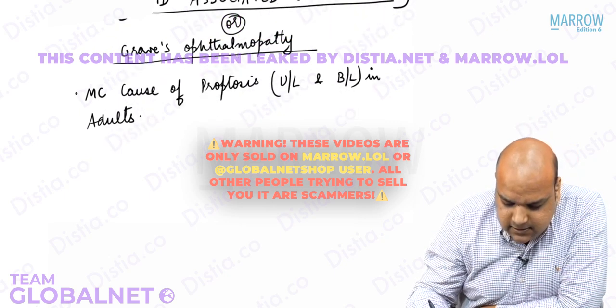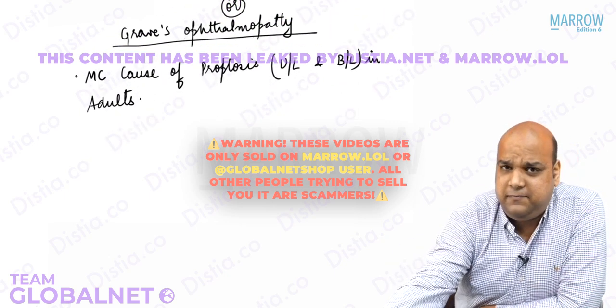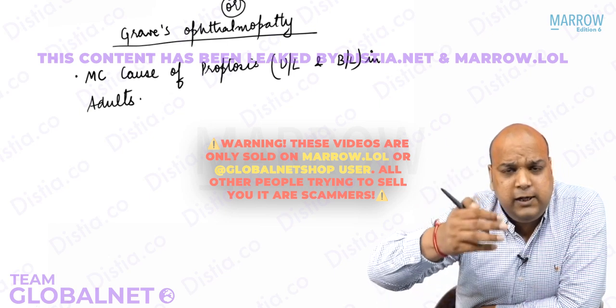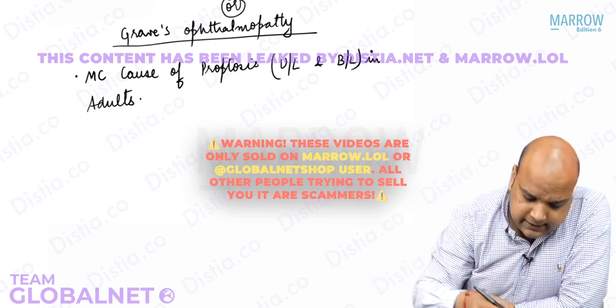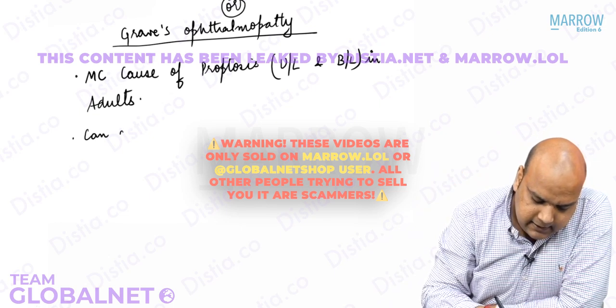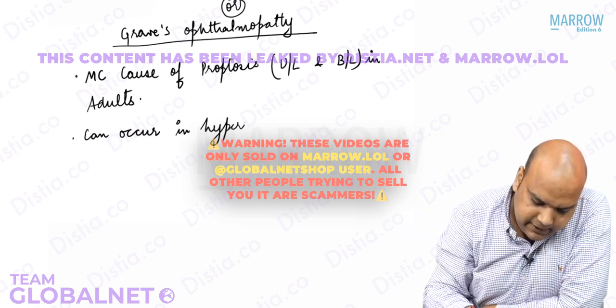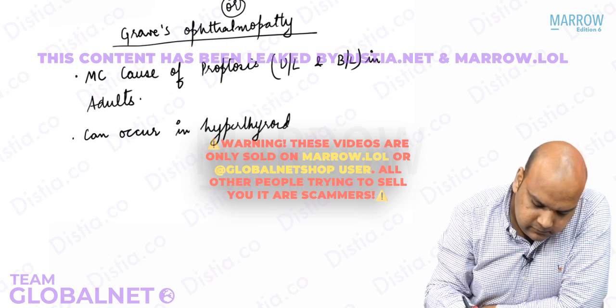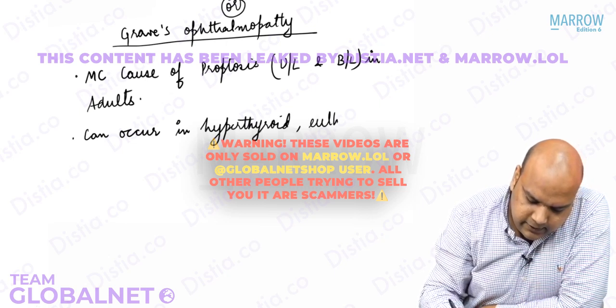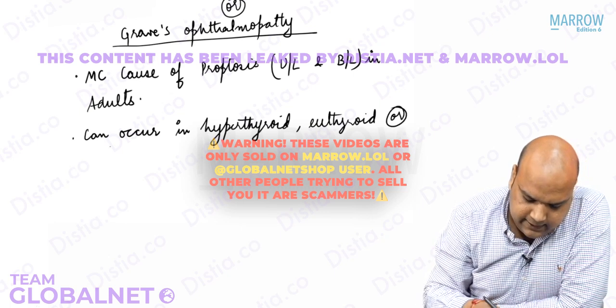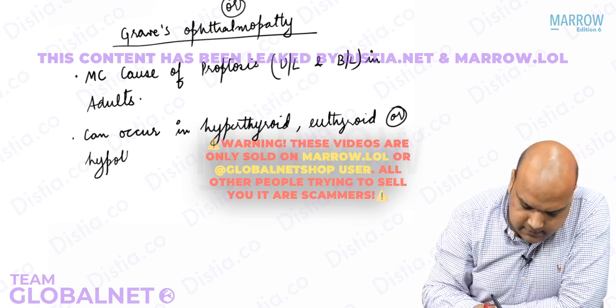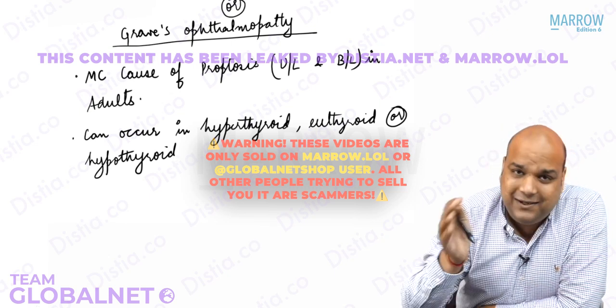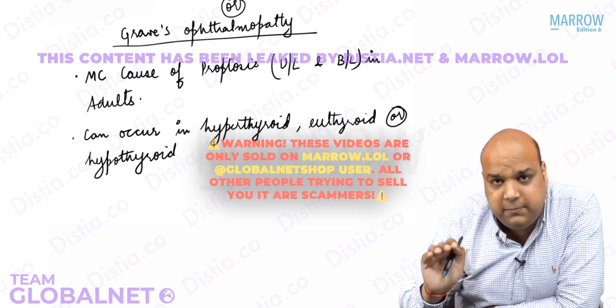Even though it is termed Graves' ophthalmopathy, we tend to think that it will only occur in cases of hyperthyroidism, but that is not the case. It can occur in patients who are hyperthyroid, euthyroid, or even hypothyroid. Obviously, it is most common with hyperthyroid, but it can occur even in euthyroid or hypothyroid patients.